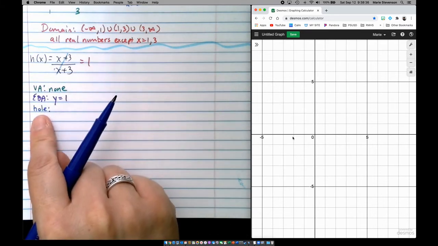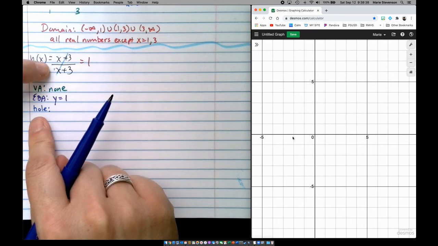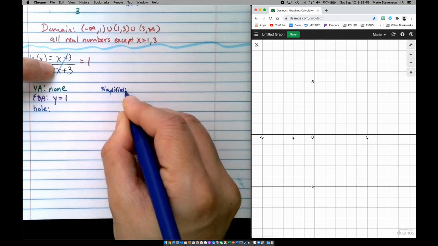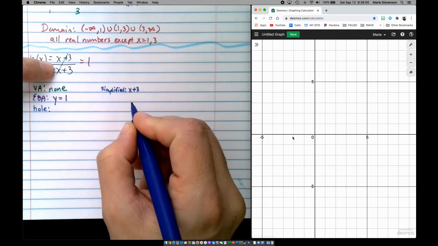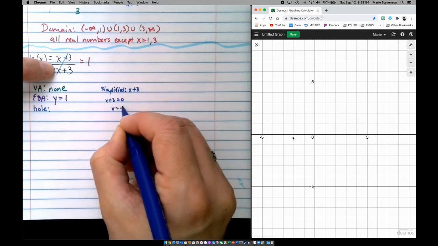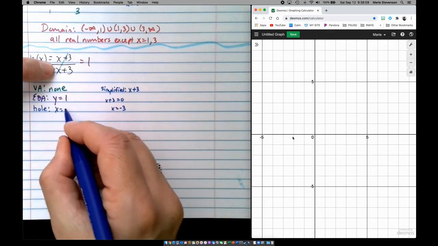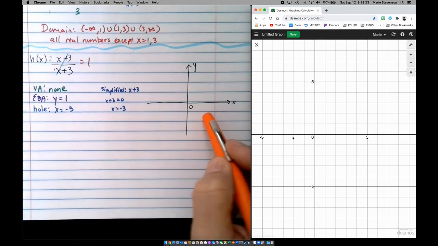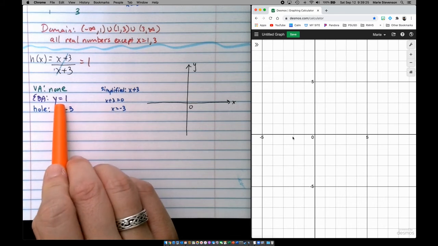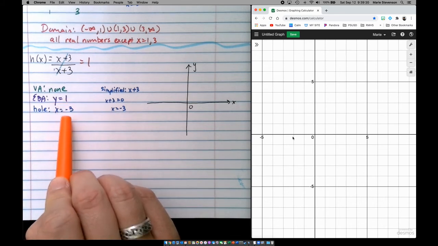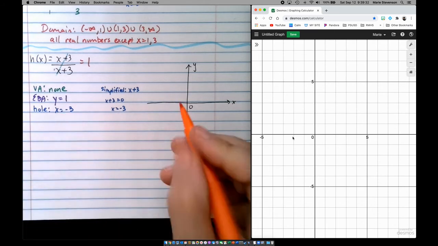Let's look for the removable discontinuity, the hole. So we're going to take what it is that we simplified, and we set that to 0 and solve. So this means there's a hole when x is negative 3. Let's go ahead and do our graph. So basically what we're going to have is a horizontal line through 1, but it'll have a hole when x equals negative 3.